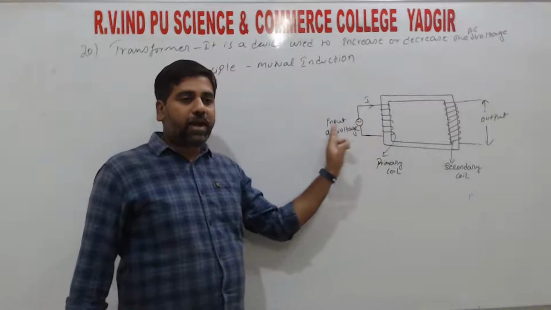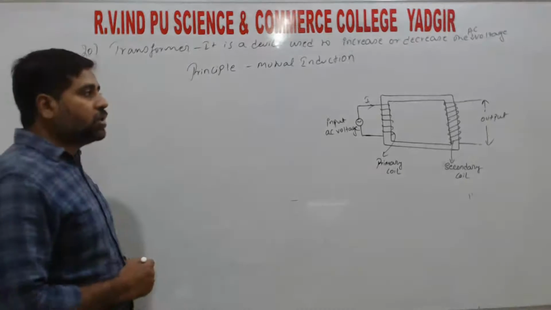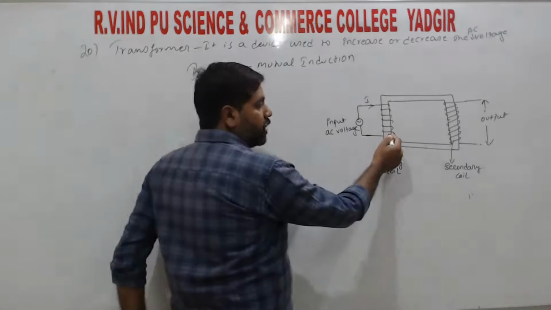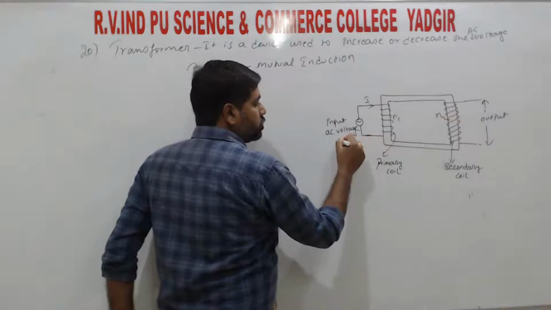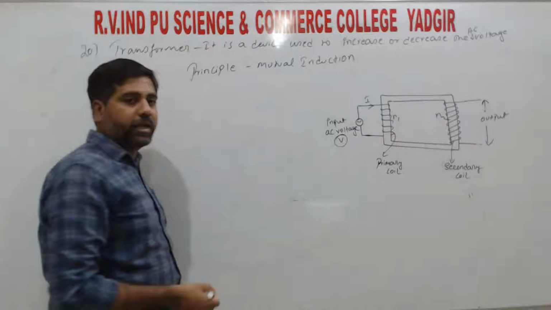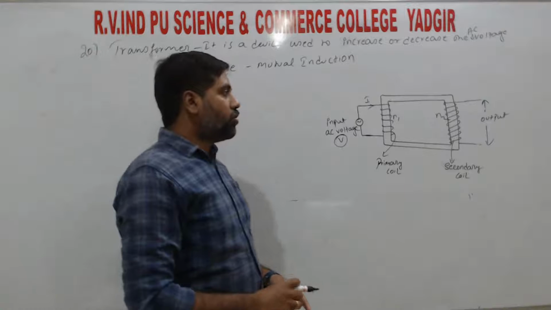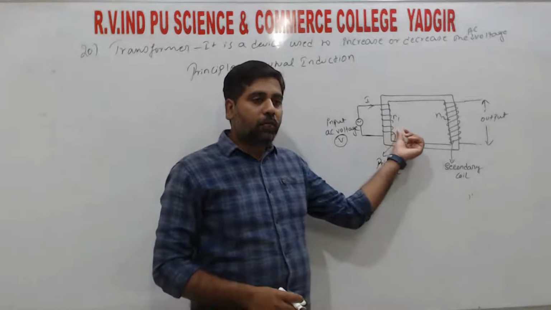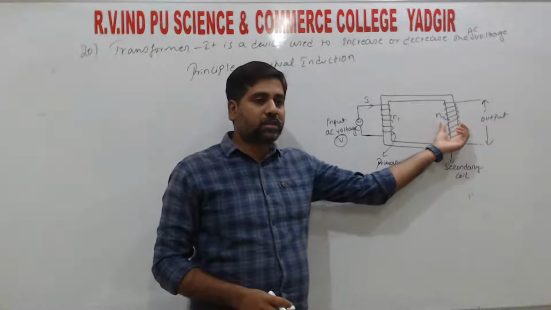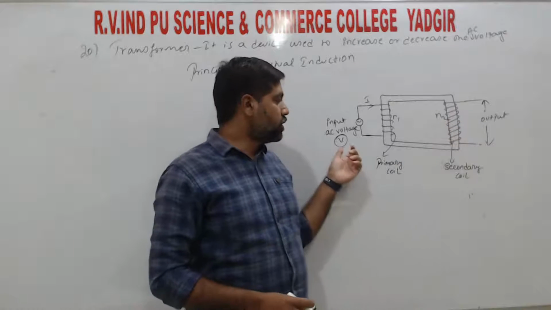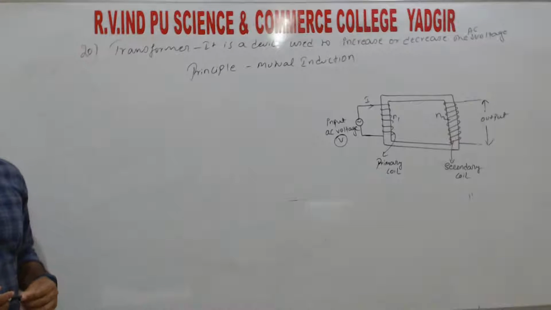So on all these factors the output depends: the number of turns N1 in the first coil, the number of turns in the second coil, and also the input voltage, right? So this is the working of the transformer, right?